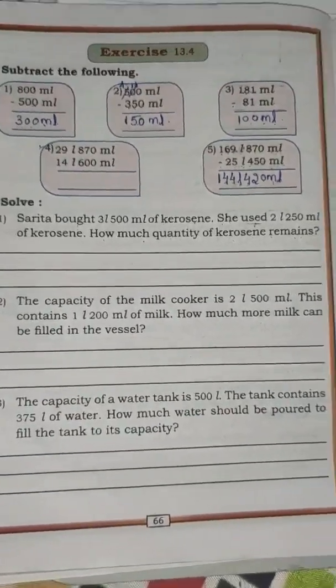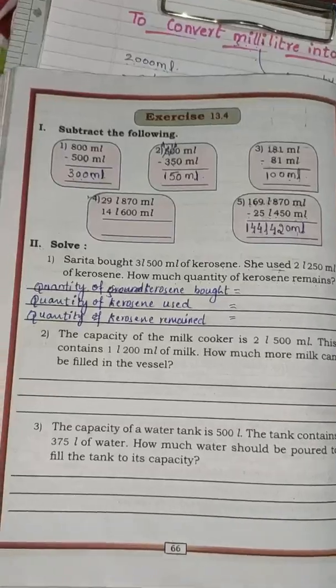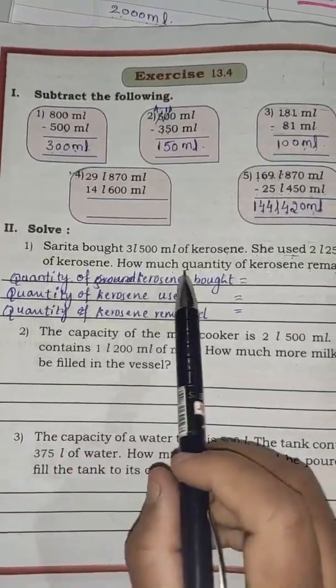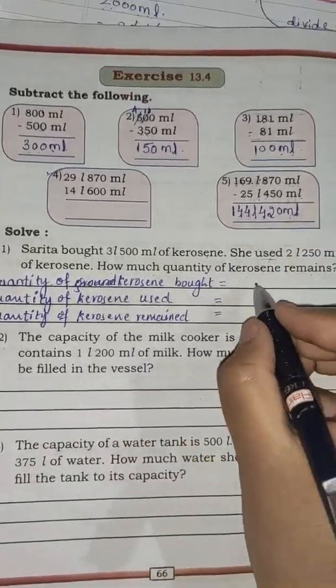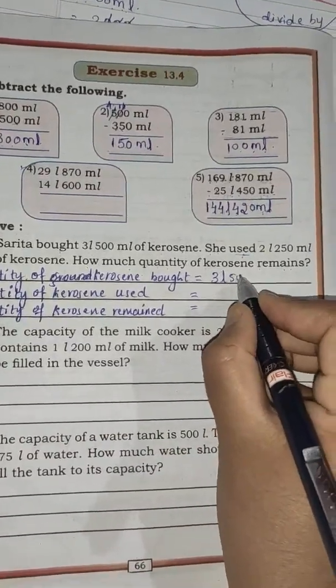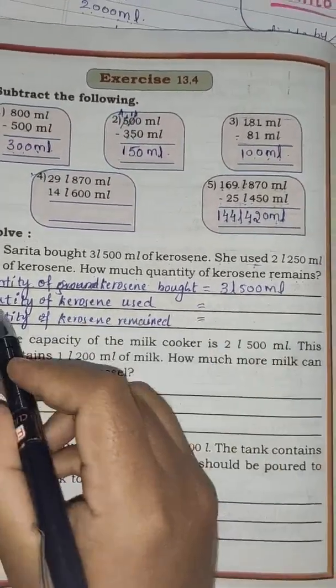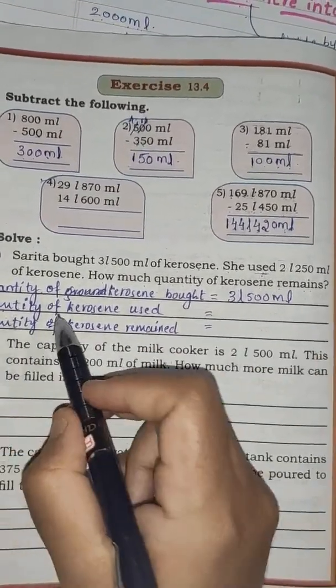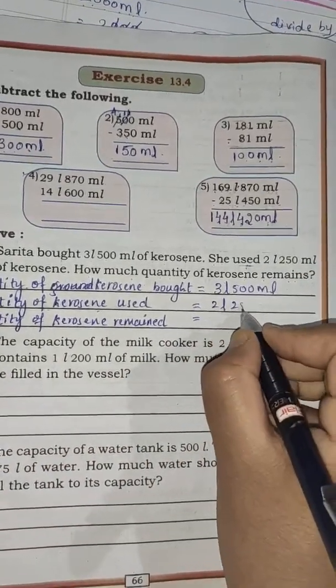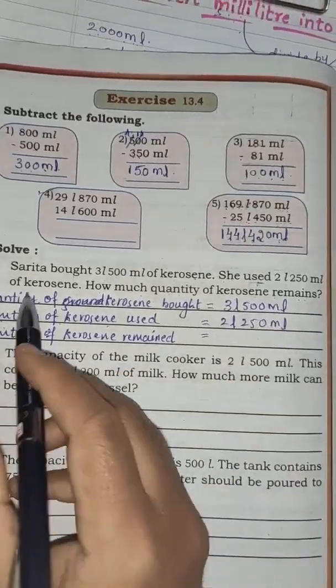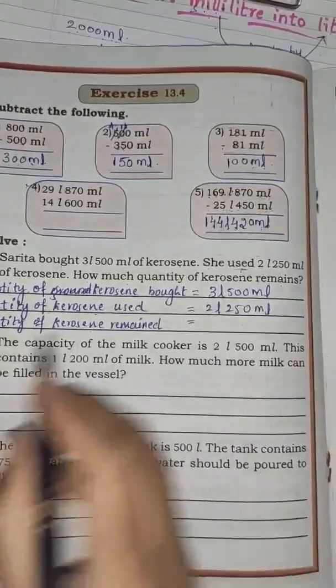Okay, so let's write here. So children, here I have written quantity of kerosene bought. It is 3 liter 500 milliliter. Then second, used means quantity of kerosene used. It is 2 liter 250 ml. Next, quantity of kerosene remained.